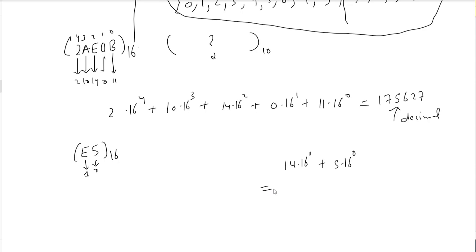So this will be equal to 224 plus 5 times 16 to the power of 0, which is actually 5 times 1, because anything raised to the power 0 is 1. So this will be 5, and what we'll obtain is 229. So this is its decimal format or decimal expansion.